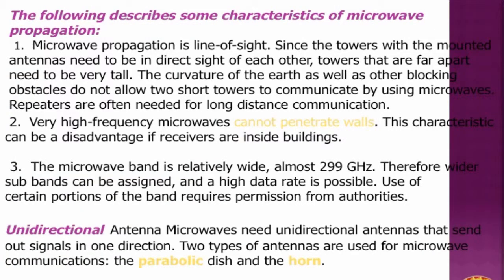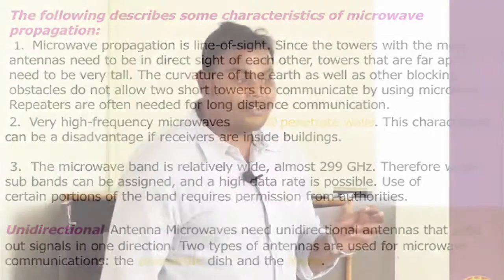Then what is microwave? Microwave has higher frequency in comparison to radio wave. If they have high frequency, their penetration power is less. Penetration power means they cannot penetrate a wall. Are you getting my point?